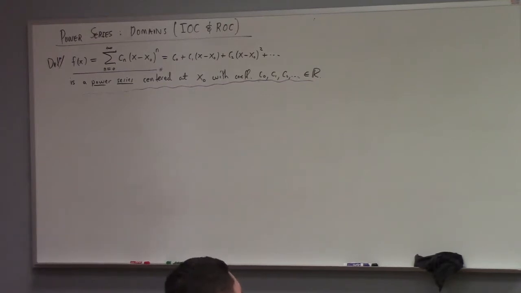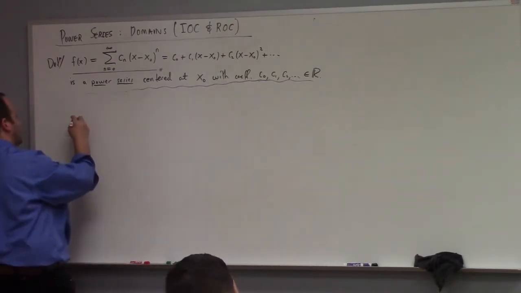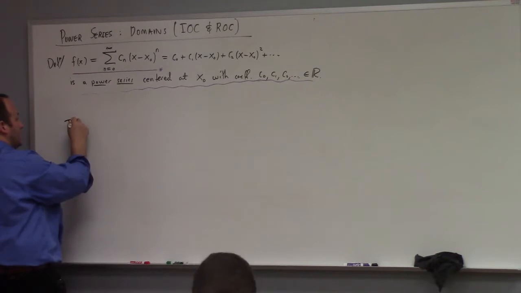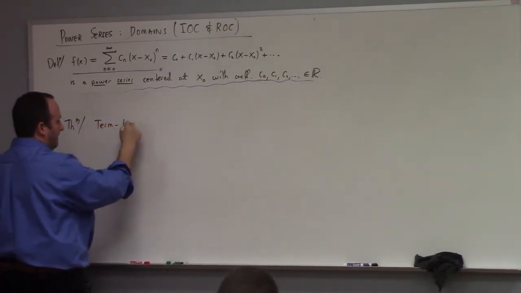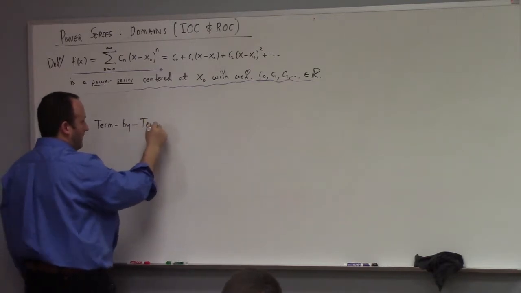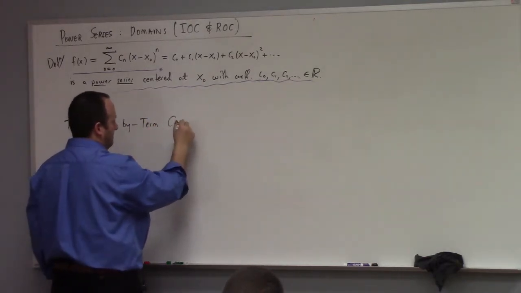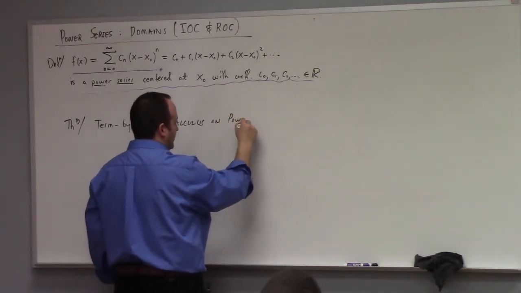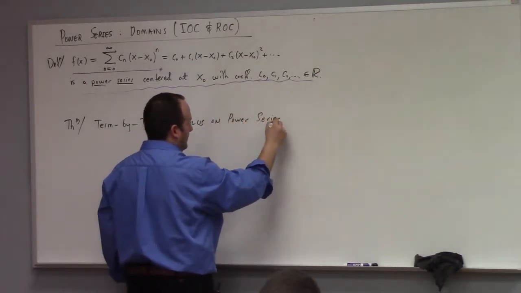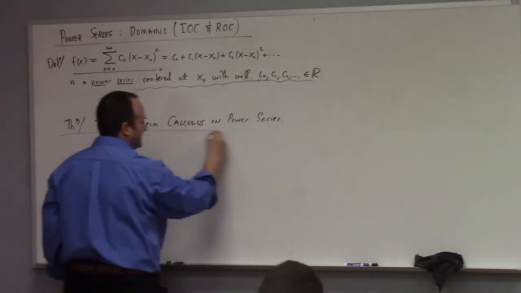Okay, so at the moment, all we've done is direct algebraic manipulation, right? But there's more, because there's a theorem, and this theorem is very powerful, which is the term-by-term calculus on power series theorem, to give a kind of clumsy name to it. And here's how it goes.